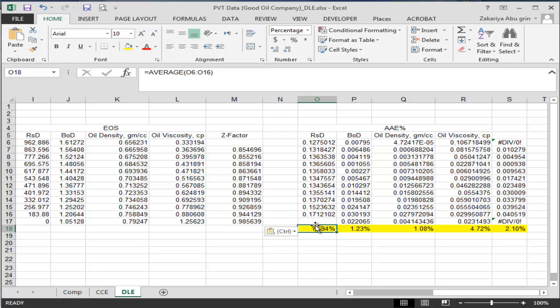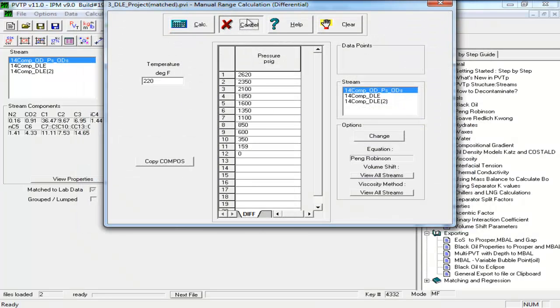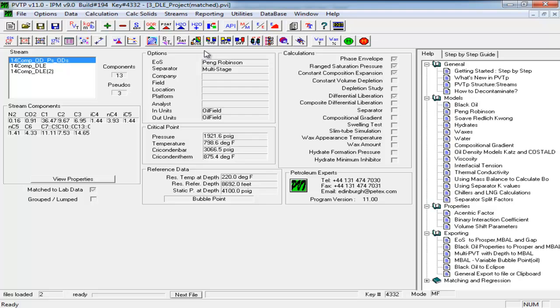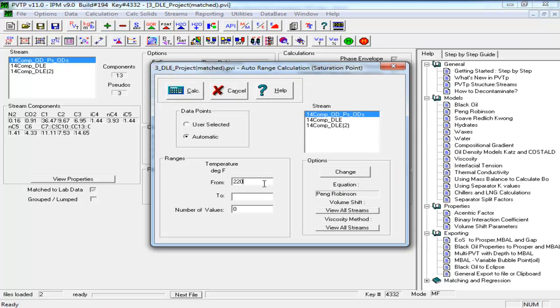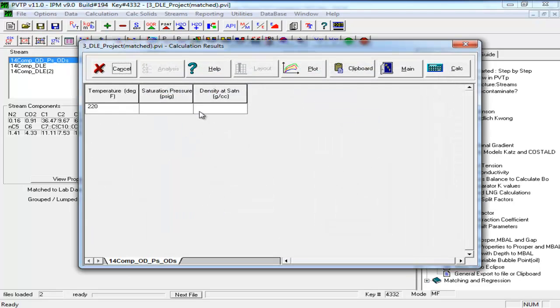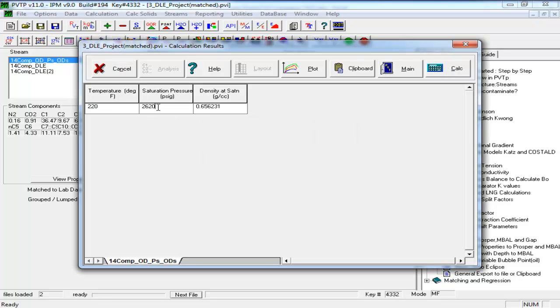However, I can repeat that for PSAT. As we did here, we use the equation of state to calculate the differential liberation. We do the same with saturation pressure. So at this temperature, this is the pressure calculated by the equation of state.